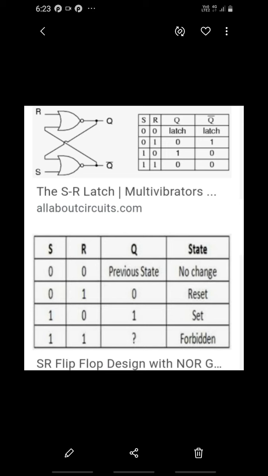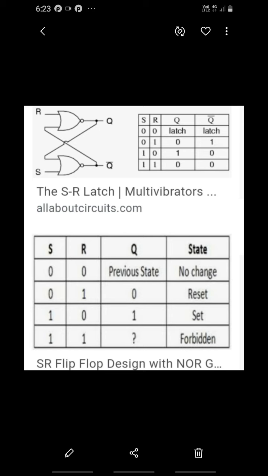Here we can draw the RS latch using NOR gates. Two NOR gates are cross coupled to each other, forming the RS latch.